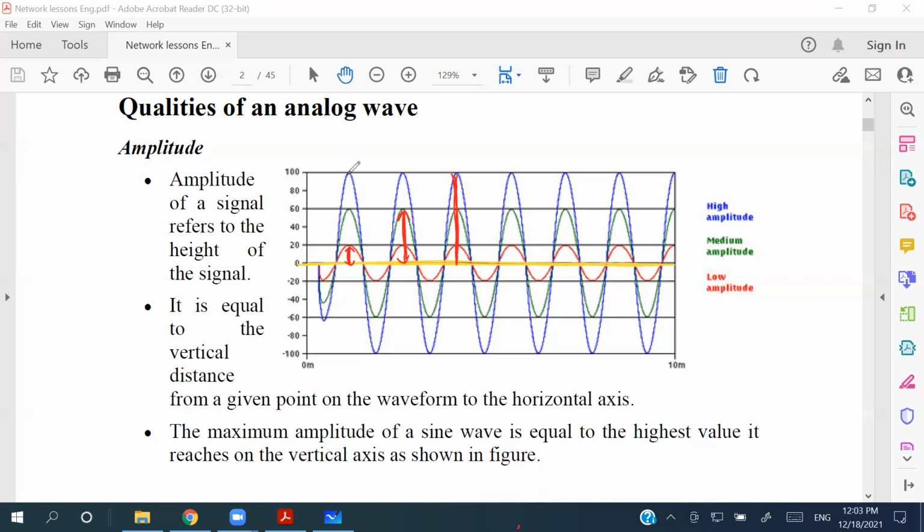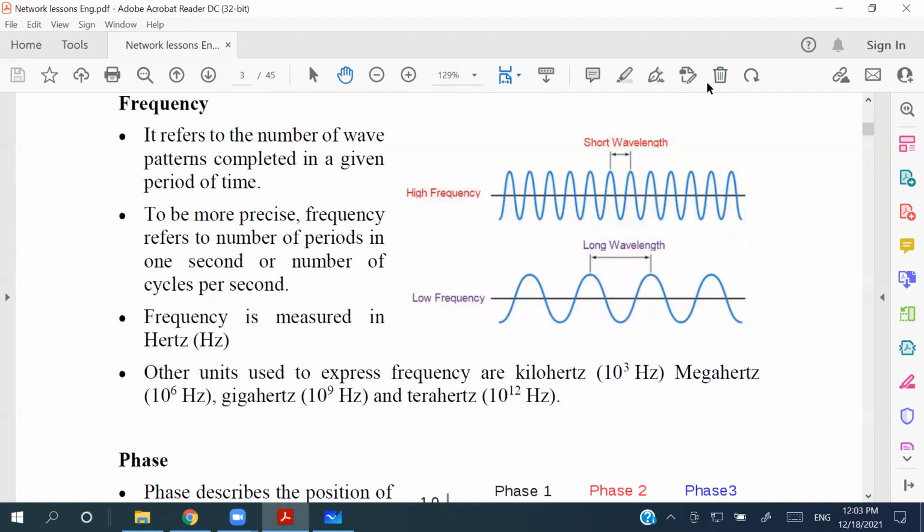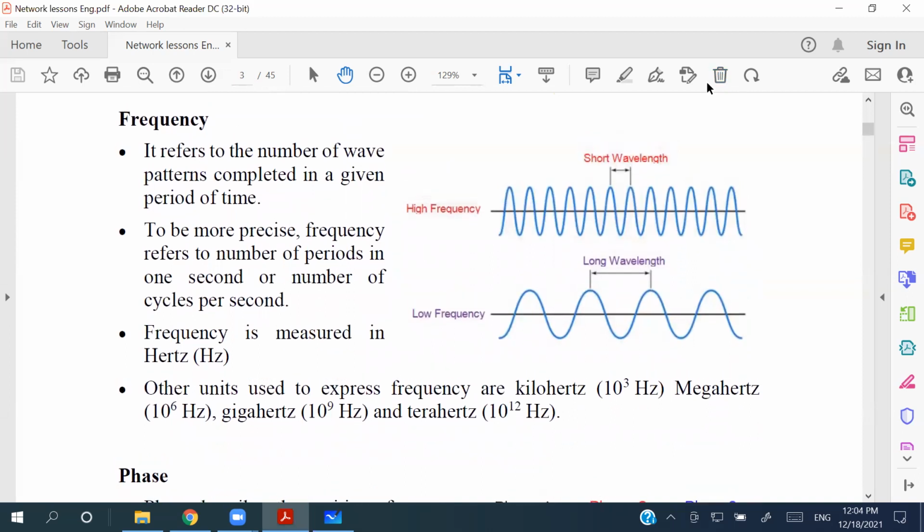Then we are going to consider the frequency. The frequency defines the number of curves that you can see for a given amount of time. Usually we consider a time period of 1 second.